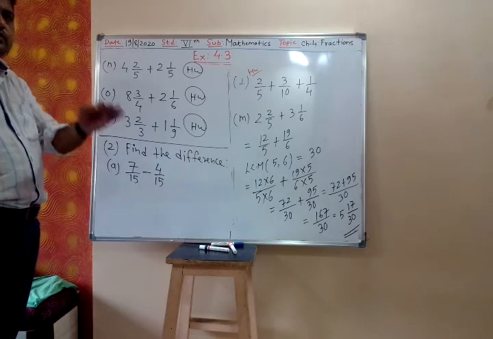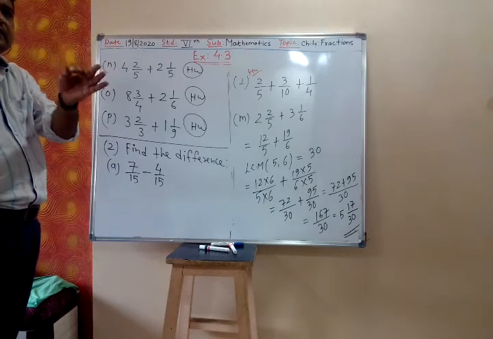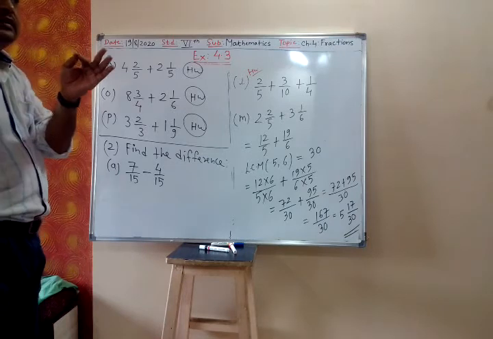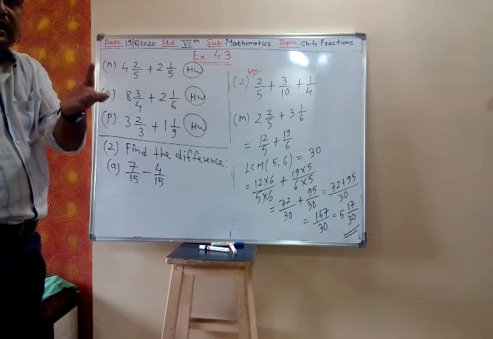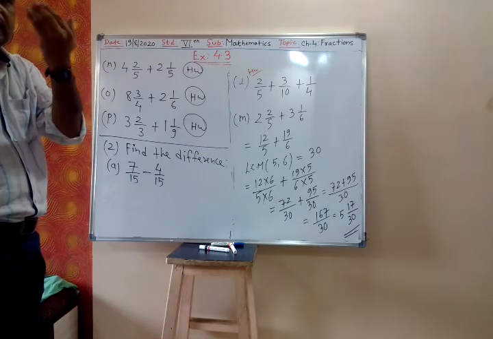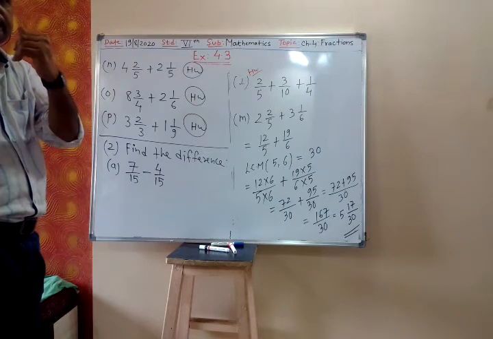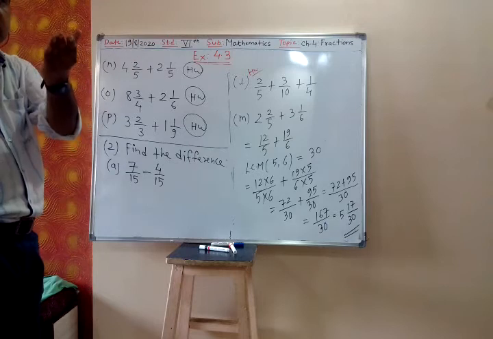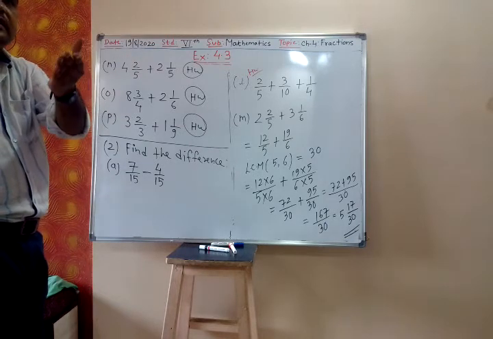So your first job is to identify whether the given fractions are like fractions or unlike fractions, by seeing the denominators. If denominators are equal, they are like fractions. If denominators are unequal, they are unlike fractions. If they are like fractions, just take the common denominator and add or subtract the numerators.